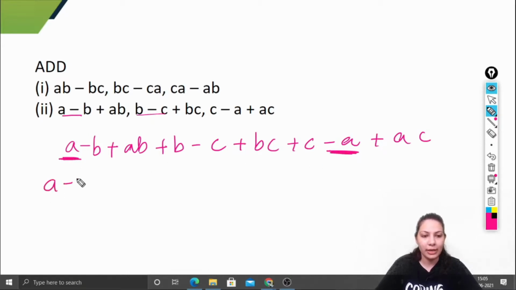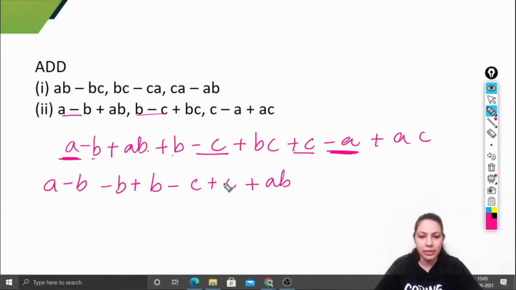So a minus a, minus of b plus of b, and minus of c and plus of c, and ab, no like term, so we will write it as it is, ab here, and bc, no like term with bc, and ac.